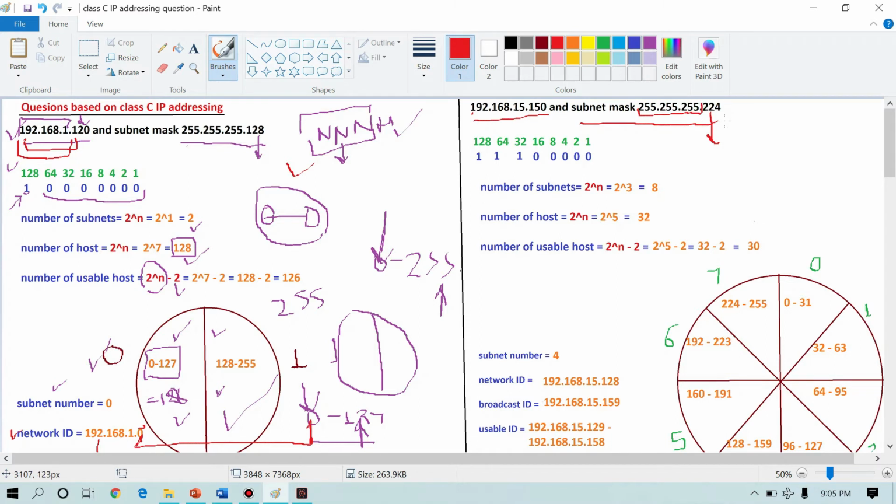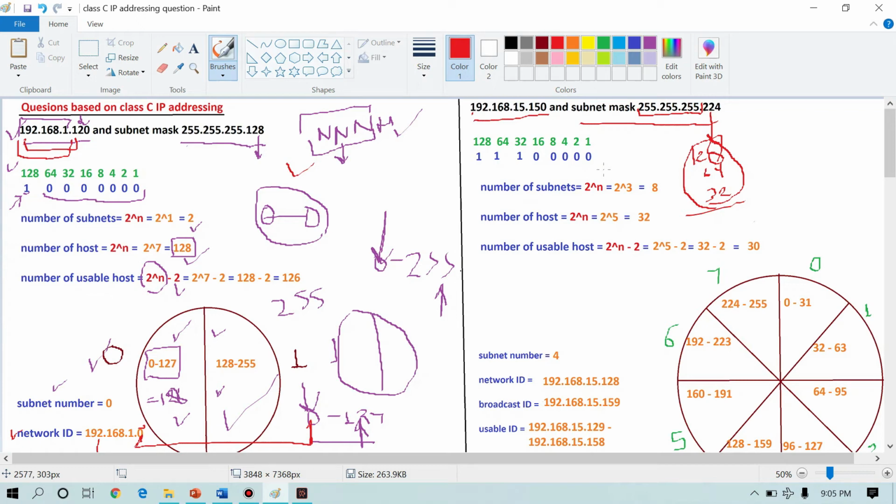We will touch only the host portion. So how will we get 224? Simply add 128, 64 and 32. We will get 224. So in the place of these three numbers we will write 1, 1 and 1, and the rest are non-usable, so write all zeros.